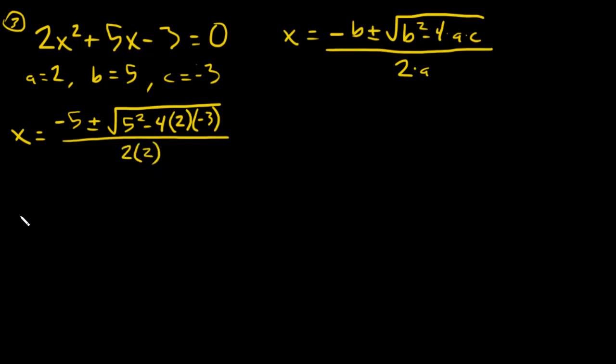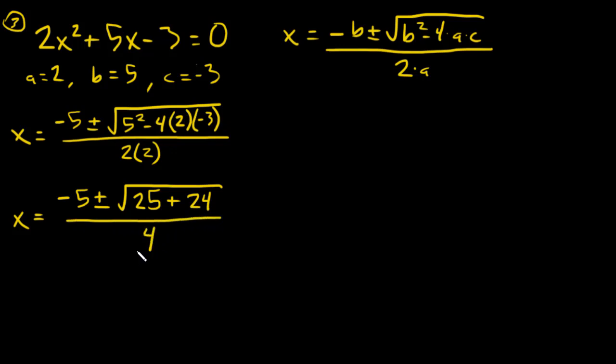Okay, so I can now move through it. So that's negative 5 plus or minus. I'm going to have, for this, 5 squared is going to be 25. And then negative 4 times 2 times negative 3 is going to be positive, what is that? 8 times 3, 24. Okay, and then all this over 4.